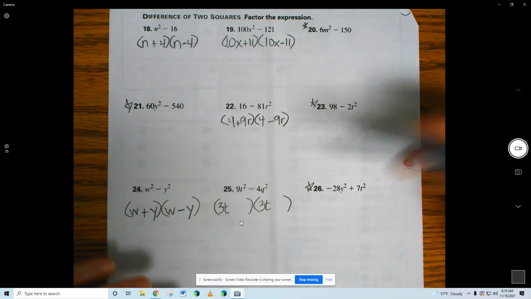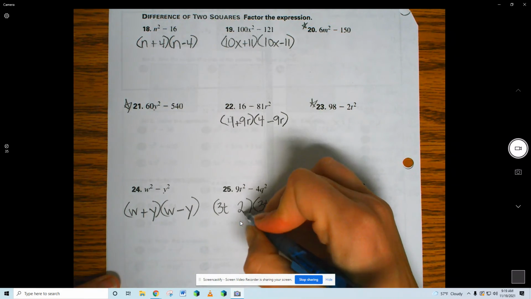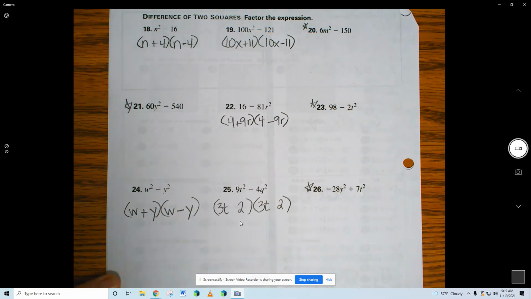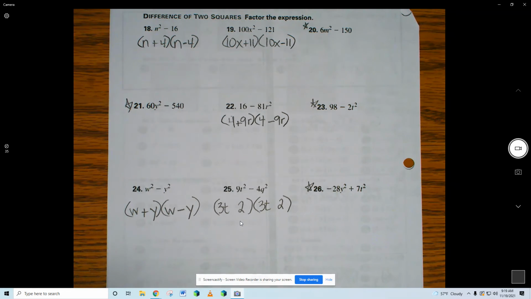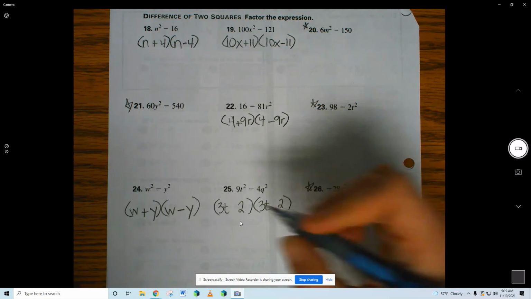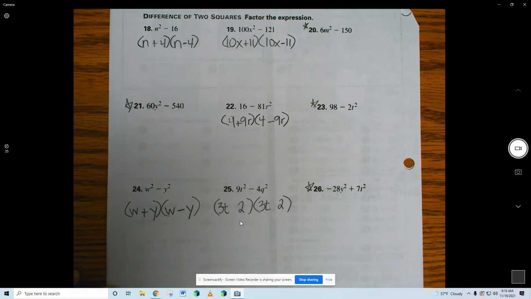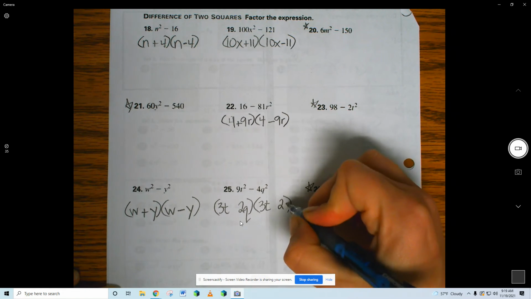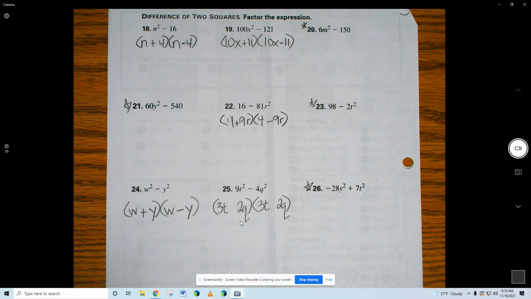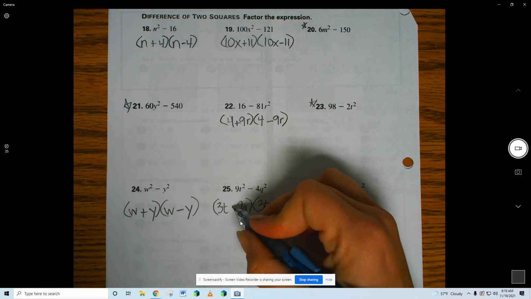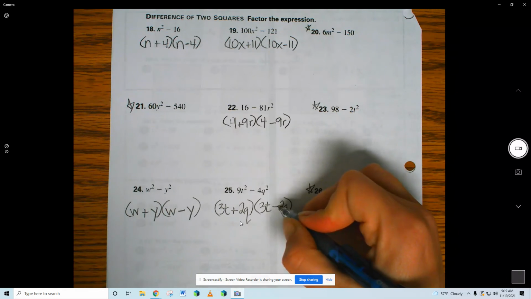What makes 4? 2 times 2. Leave some space, leave some space. What makes Q squared? Q and Q. It's a binomial. What's my signs? Plus, minus.